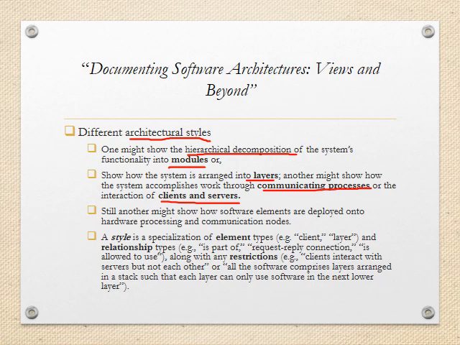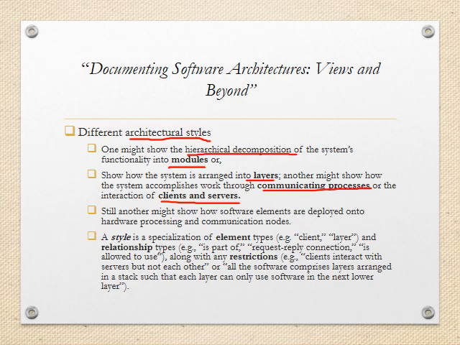Or we can describe it as client and server or communication processes. All these are styles that we can use. Still, another might show how software elements are deployed onto hardware processing and communication tools. Another way to represent our system is using a deployment architecture style.